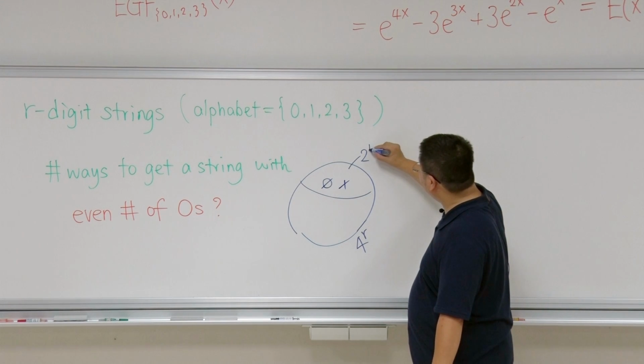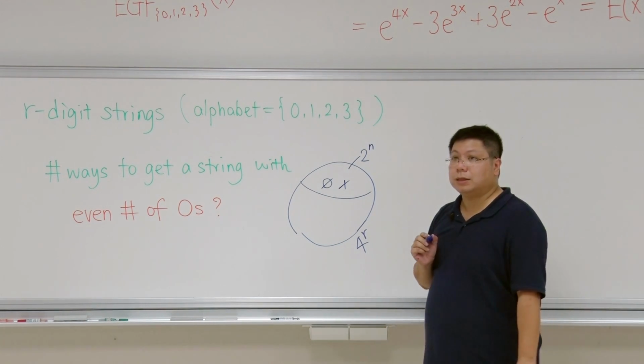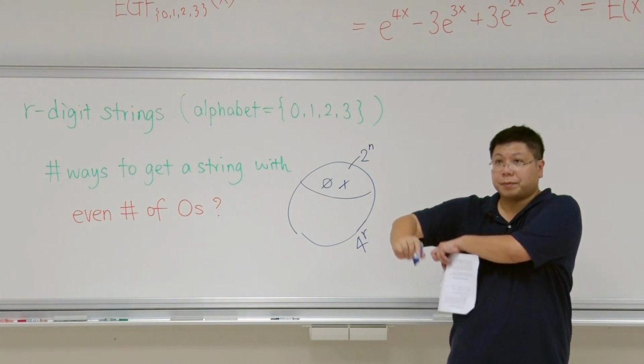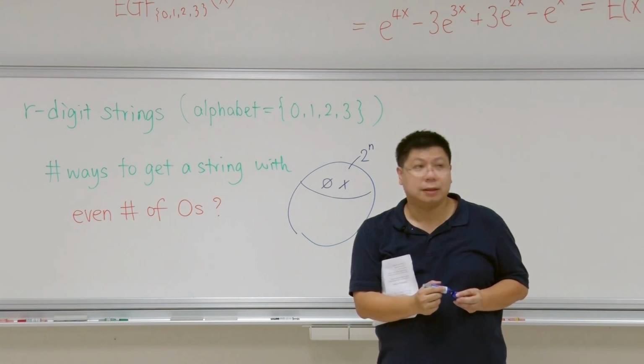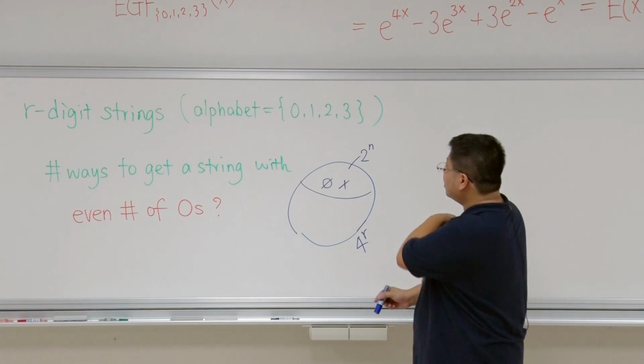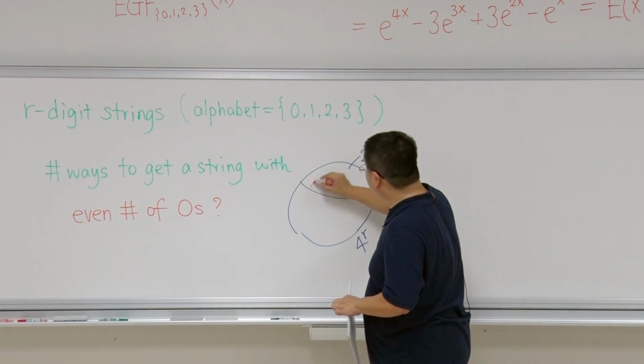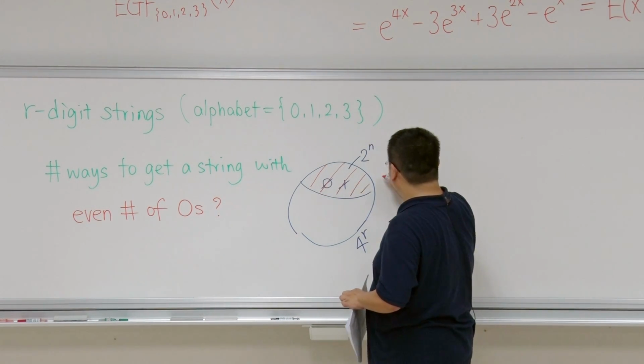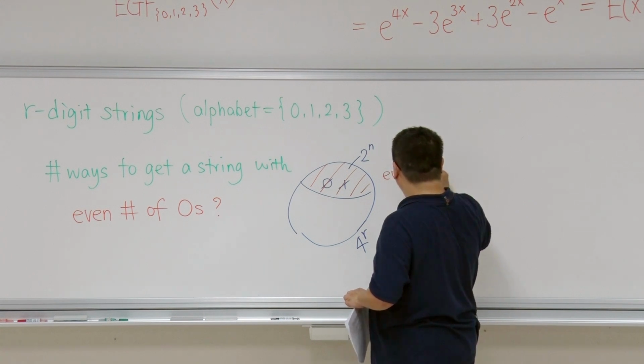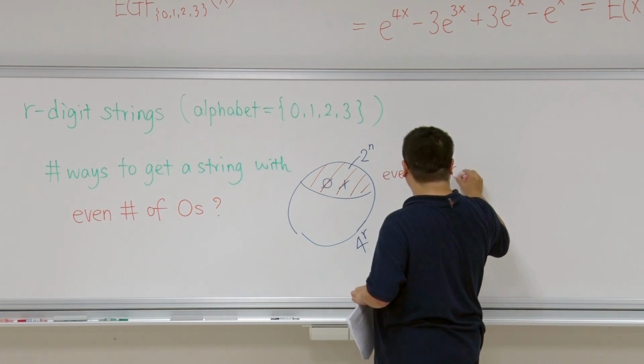There are going to be 2 to the power n of them, right? So these strings are made up of just 2s and 3s. Is that okay? And by definition, these strings all have an even number of zeros.